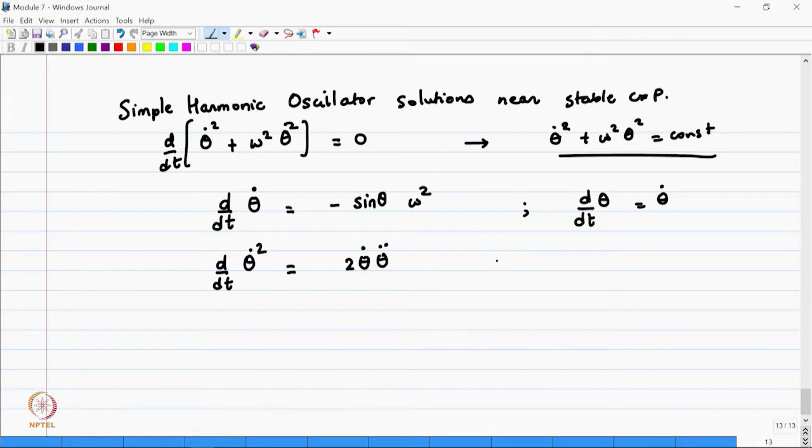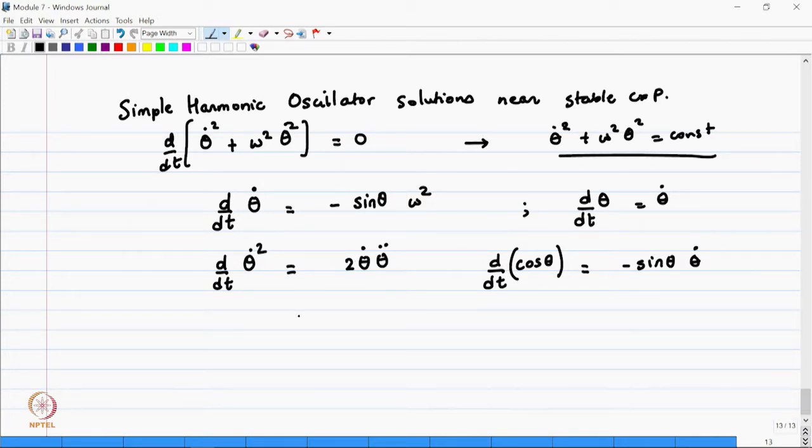If I look at d by dt of, let us say, cos theta, this is minus sin theta theta dot. Now what you can see is that these two are related to each other.